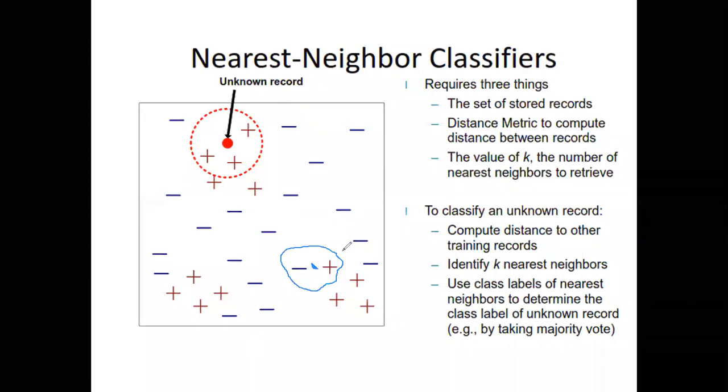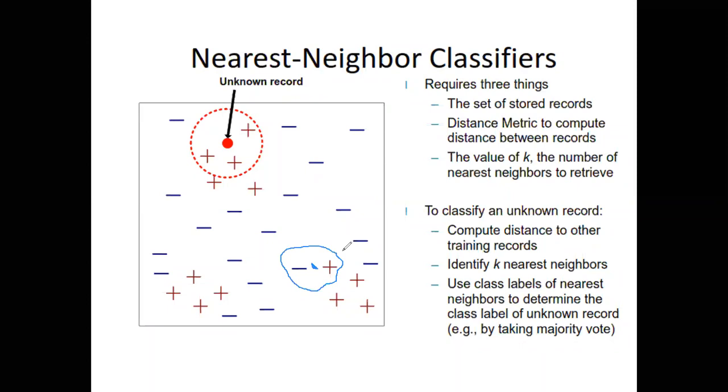K nearest neighbor means that you first calculate the distance between your new record and the other records, the other examples. Once you calculate the distance, you find out to which neighbors it is nearest.